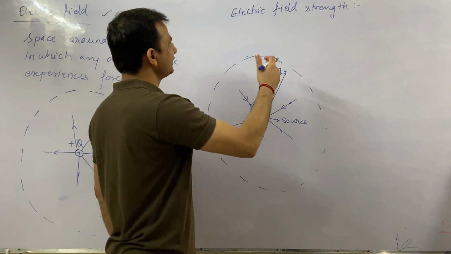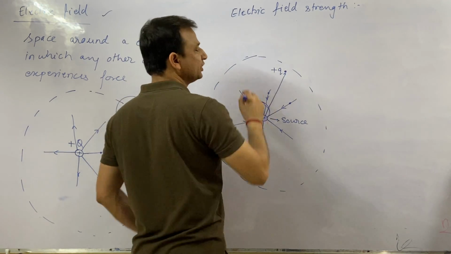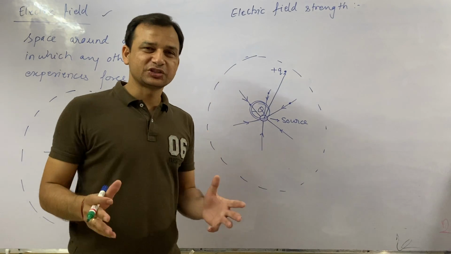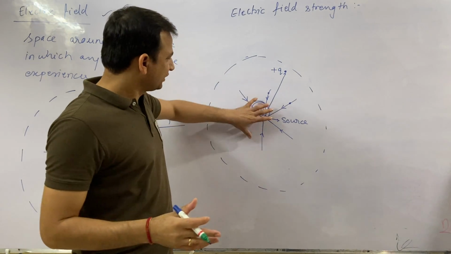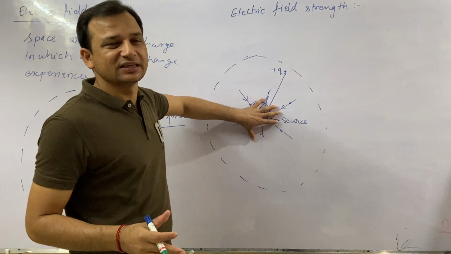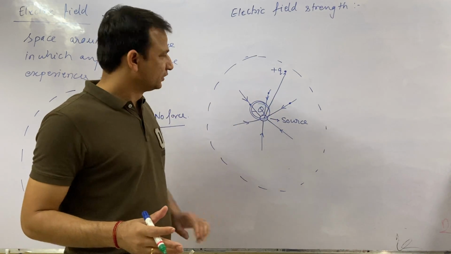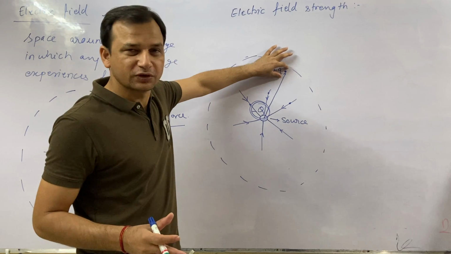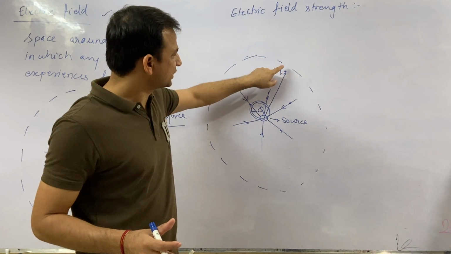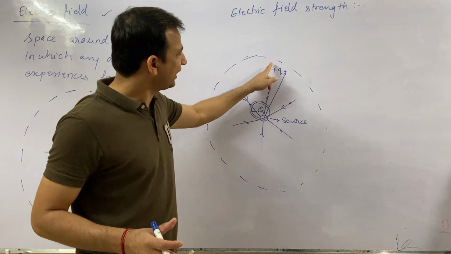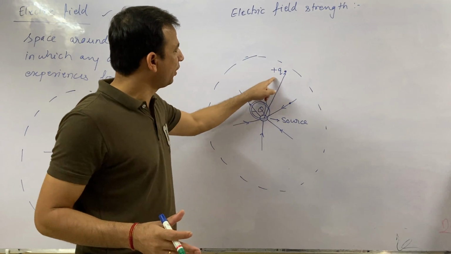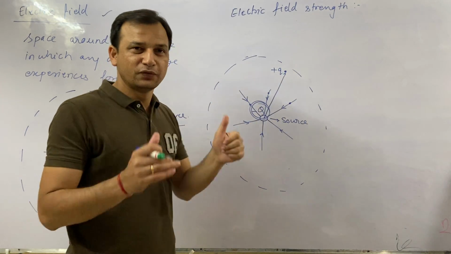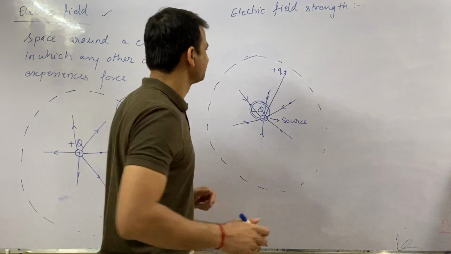Electric field strength is defined as the force per unit charge in the field of any other charge. So here is this charge, it's experiencing force. The force experienced by this charge divided by the value of this test charge will give you the electric field strength.